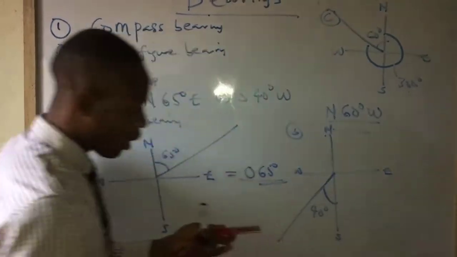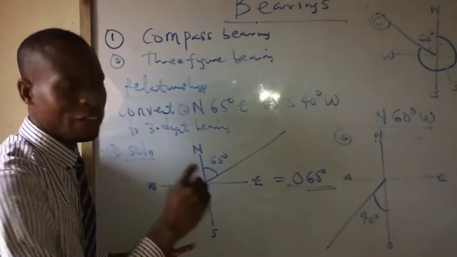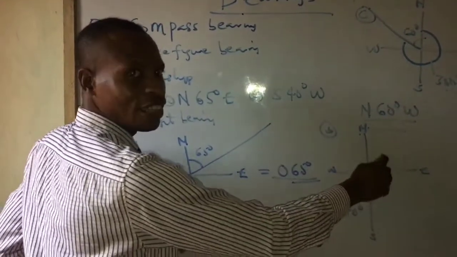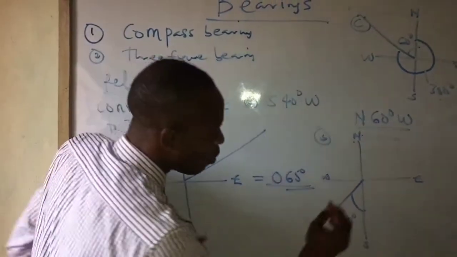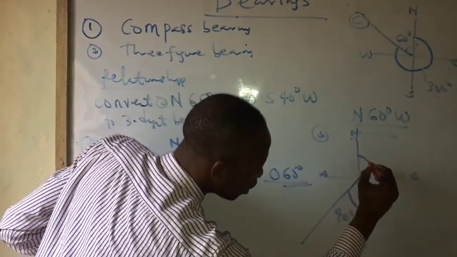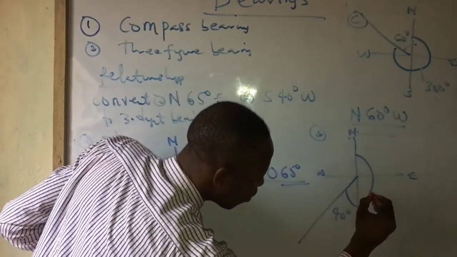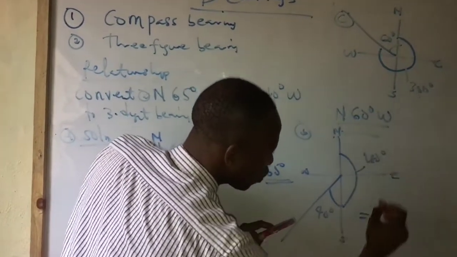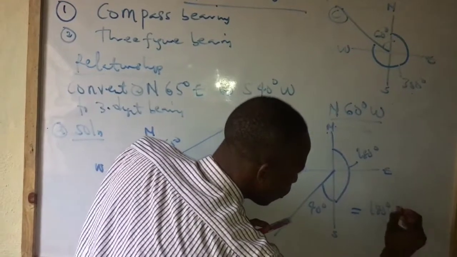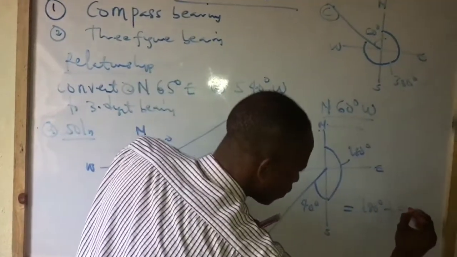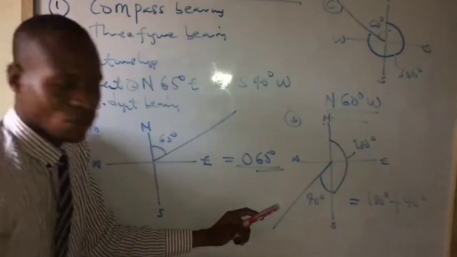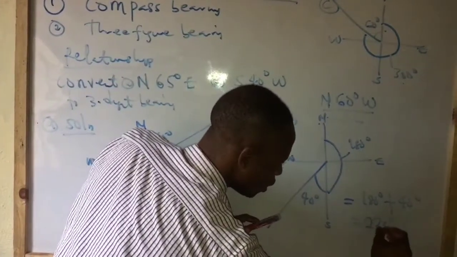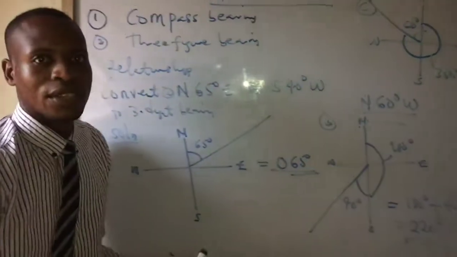But now, like we said we always start our three-digit bearing from the north. So this adds a little challenge. The challenge is that we are going to start from the north as usual. So if you look at it, this is 90, 180. So that means our bearing here is going to be, total value is 180, right? It's just going to be 180 plus this 40 degrees. And that will give you what? 220 degrees. That's our three-figure bearing.